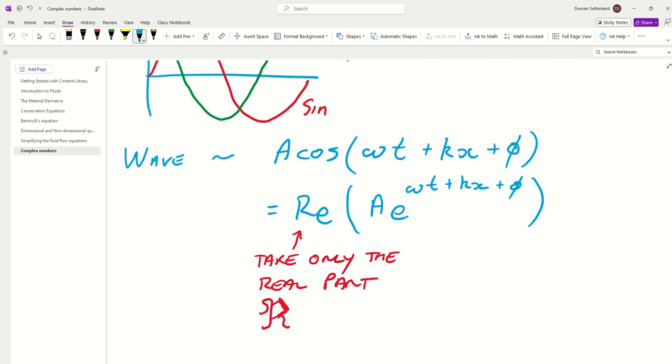So if we want to multiply two waves together, that corresponds to adding the arguments of the exponential, and that's really the power of the complex representation of a wave.